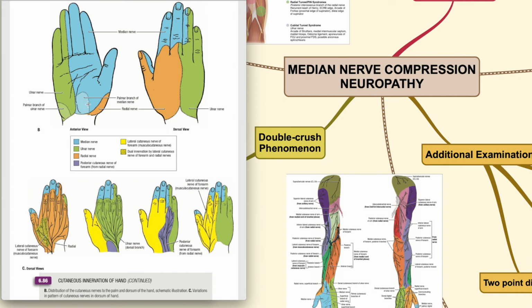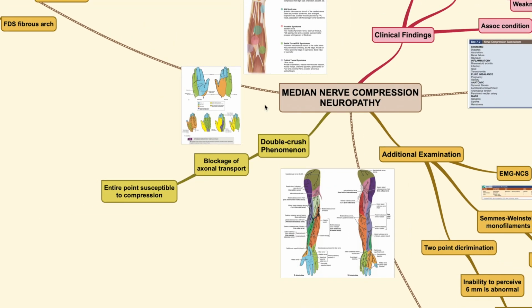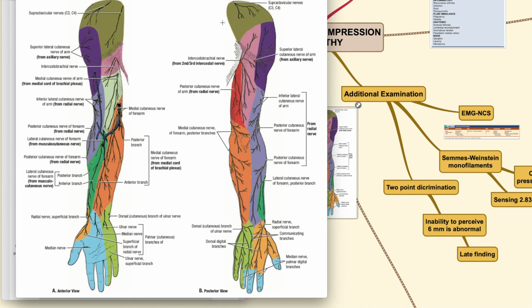Next, what I would like to show you here is that the whole upper arm is innervated by these nerves too, which come from the radial nerve, the axillary nerve, the musculocutaneous nerve, and the ulnar nerve. You need to know that in the forearm region and also high up at the arm region, there are areas that are innervated by these four nerves, five, including the axillary and the musculocutaneous nerve.